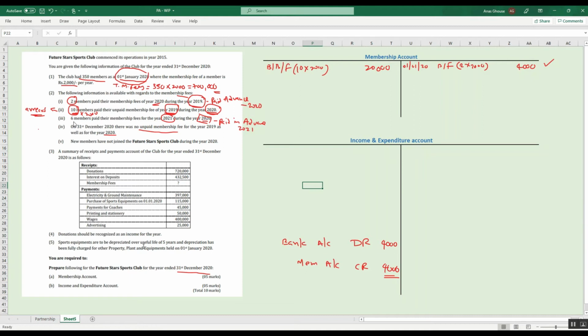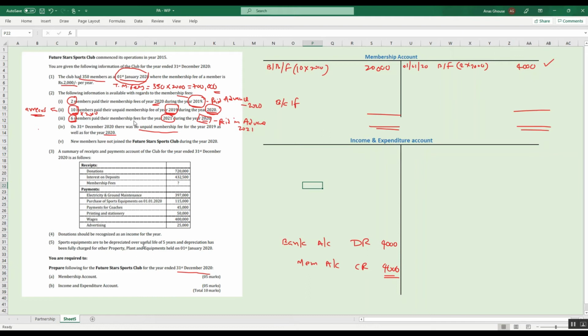The next one is 6 members paid their membership fees for the year 2021 during the year 2020. This amount should be shown as a carried forward balance, because it should not be considered as membership fees for 2020.